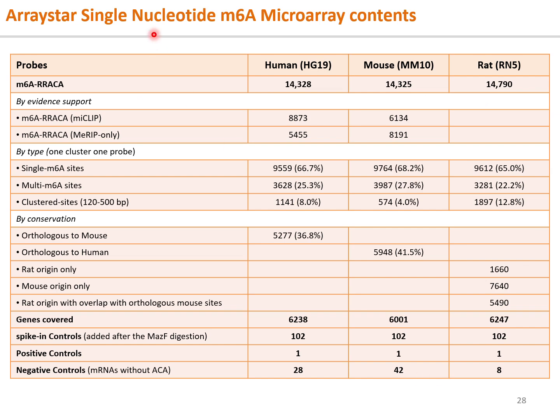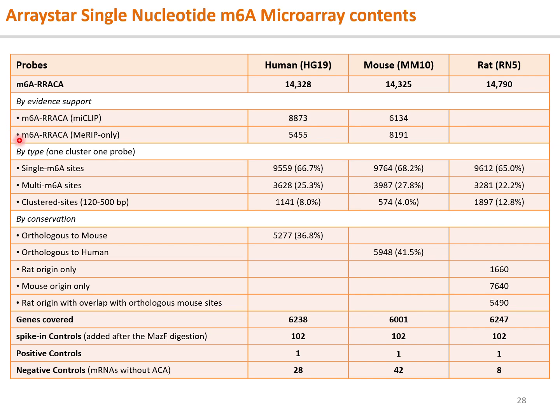The Arraystar single nucleotide m6A microarray covers human, mouse, and rat species. Close to 15,000 m6A RRACA sites are collected. All of them are qualified with either MeRIP or miCLIP sequencing experimental data.